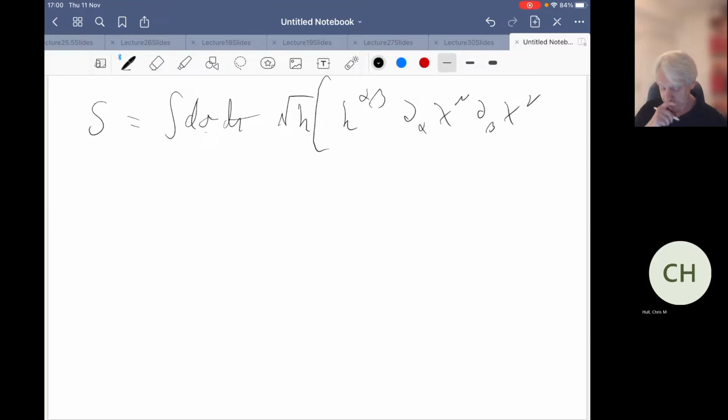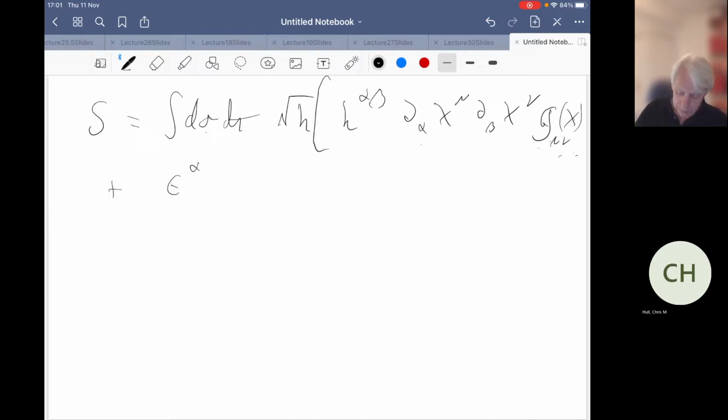With this action on its own, extremizing this will give rise to extremizing the area swept out by the worldsheet. And then there's an extra term, a coupling to the space-time metric g mu nu of x. If the space-time metric is not constant, then this describes a nonlinear action which will have nonlinear dependence on x. And so this is called a nonlinear sigma model.